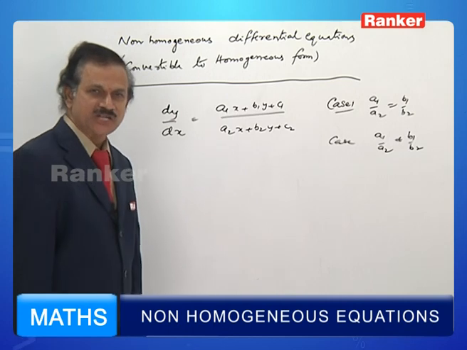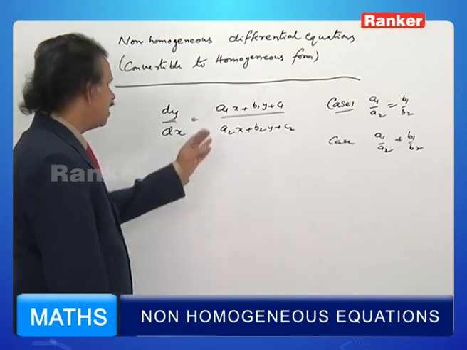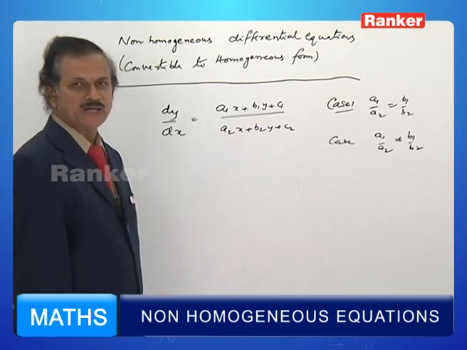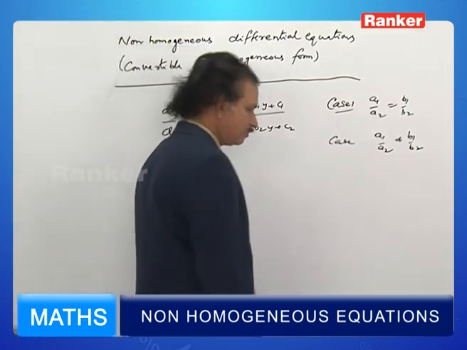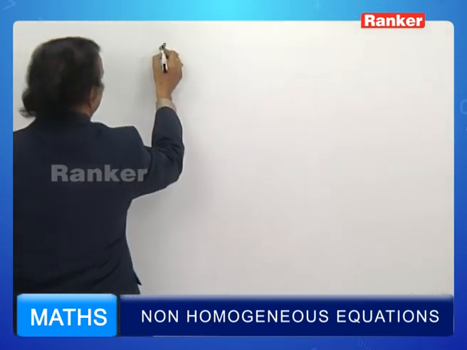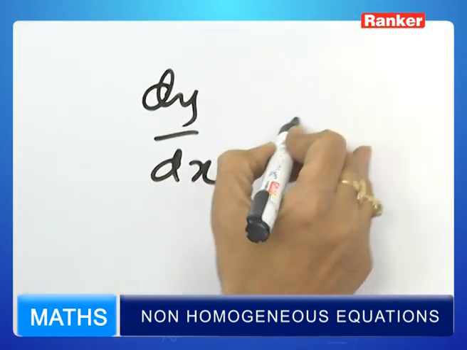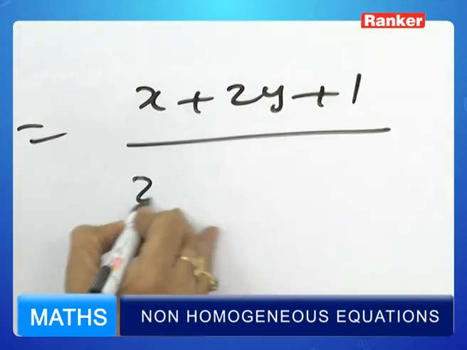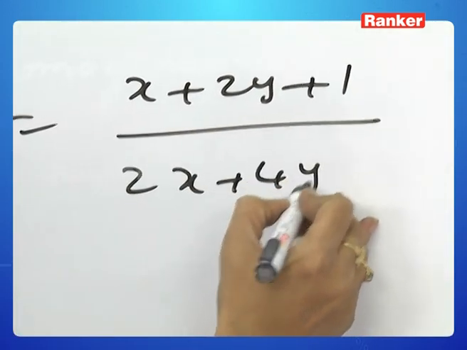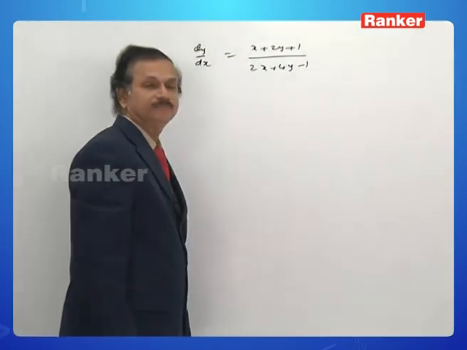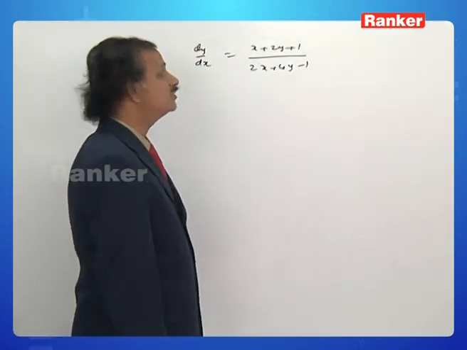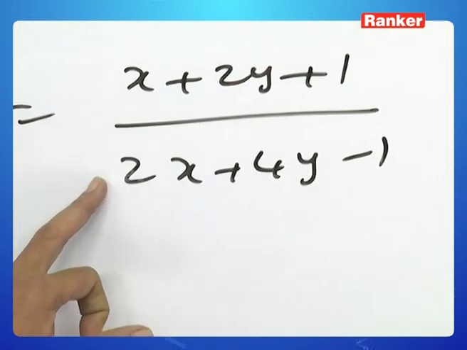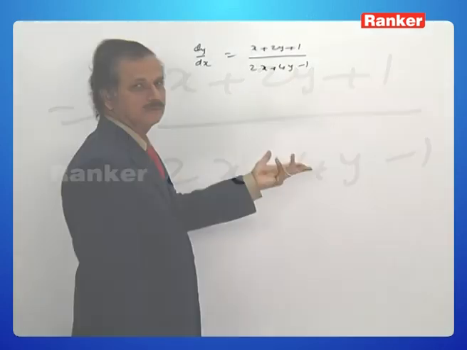Well, so we take interest to consider the non-homogeneous differential equation of case 1, that is a1 by a2 is equal to b1 by b2. What does it mean? Consider the equation dy by dx is equal to (x plus 2y plus 1) by (2x plus 4y minus 1). Observe it. a1 by a2, 1 by 2. b1 by b2, 1 by 2.